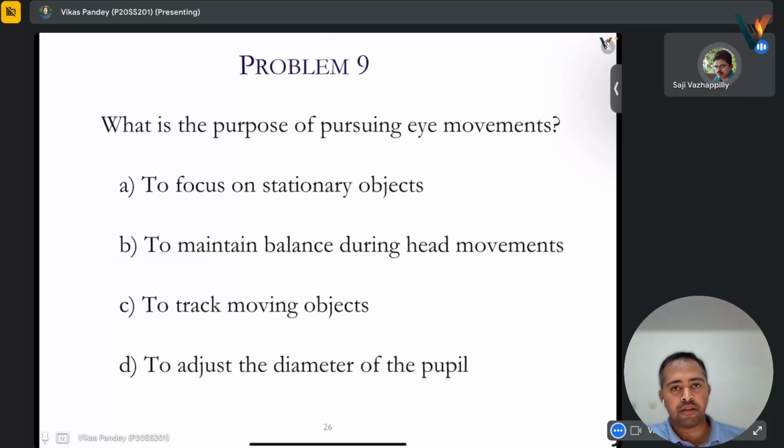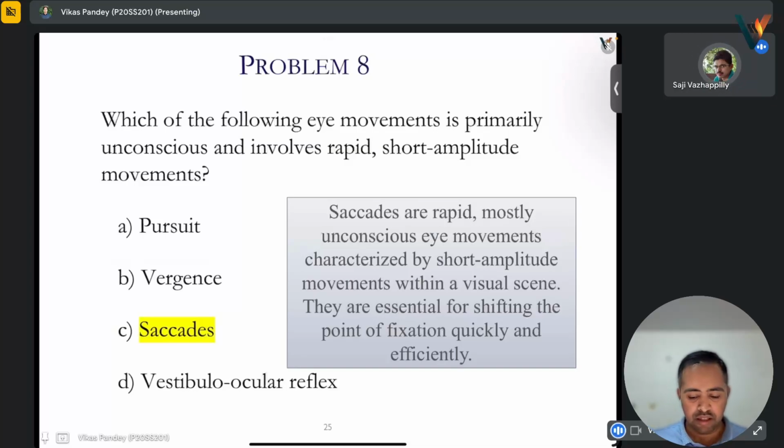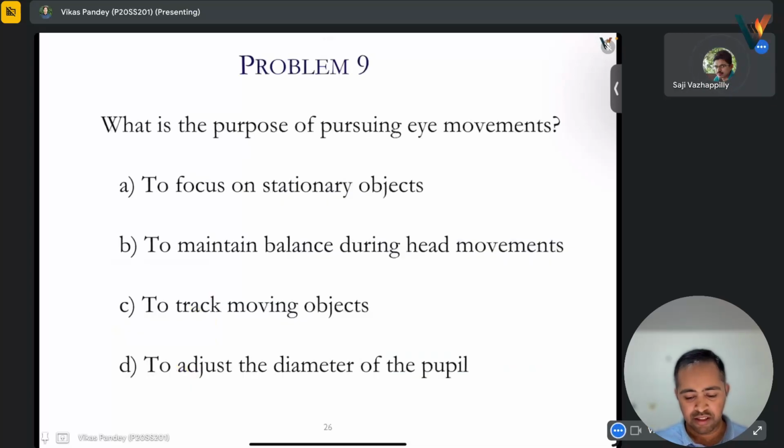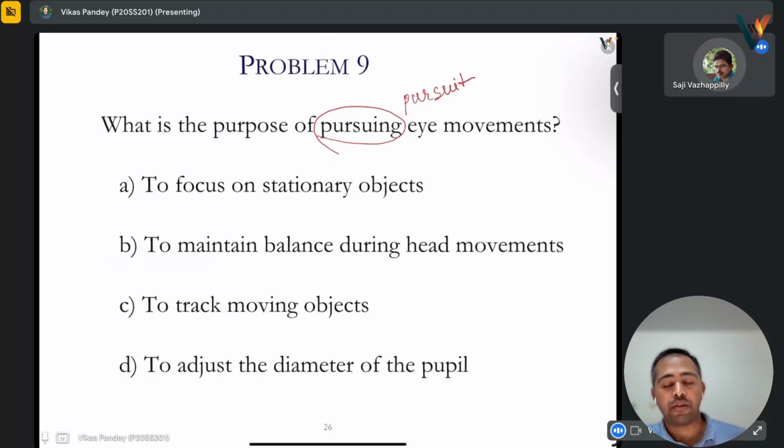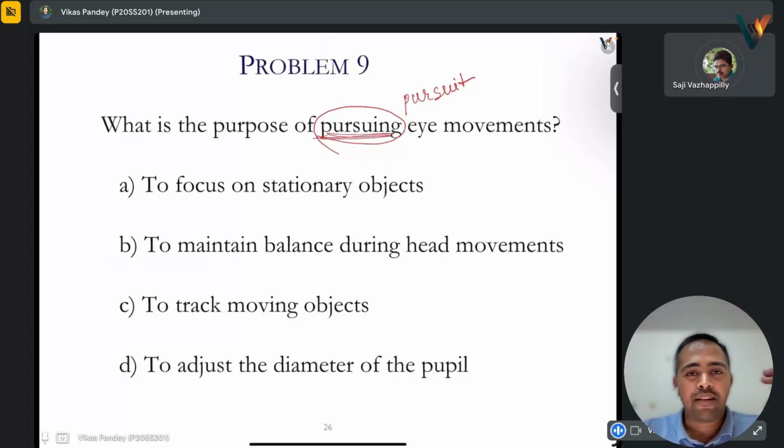One second, sir, I think there is a spelling mistake. It is autocorrect, smart computers do this. I had written pursuit. A and B and C also look the same, sir.